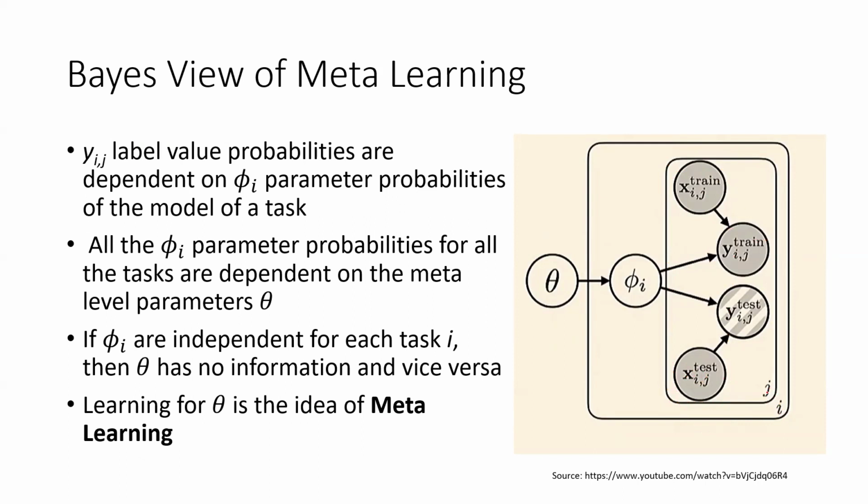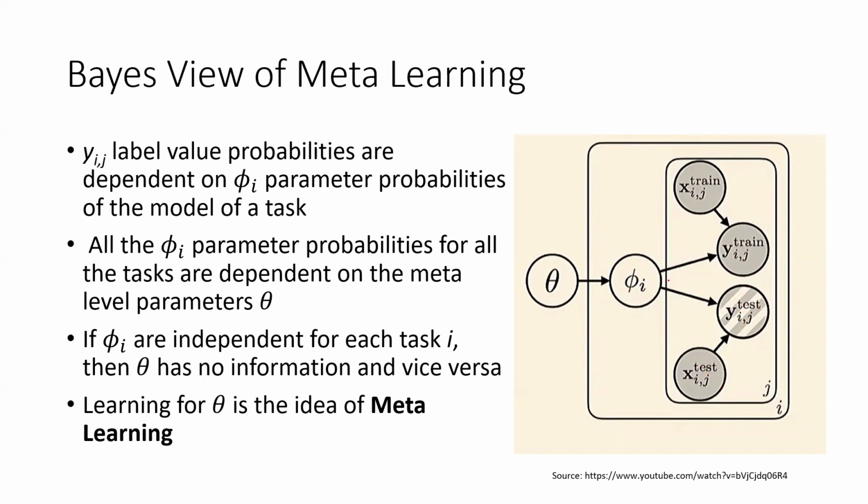So this is a plate for the j parameter. So x_ij is in this j plate, test_ij is in this j plate, train_ij too. All these random variables are in the j plate. But this j plate is also inside this i plate, where phi_i and all this train_ij and test_ij are also there. So these i's are also in this plate.